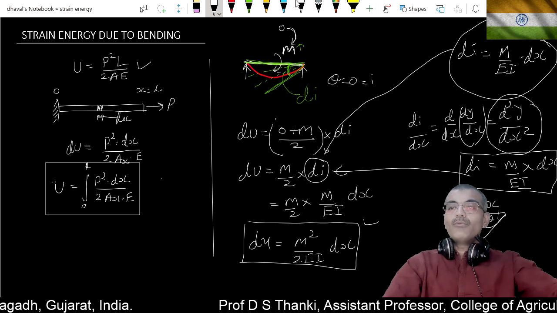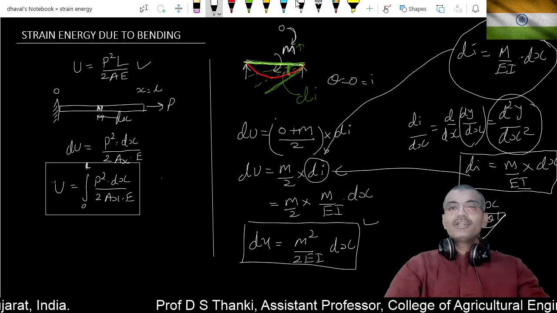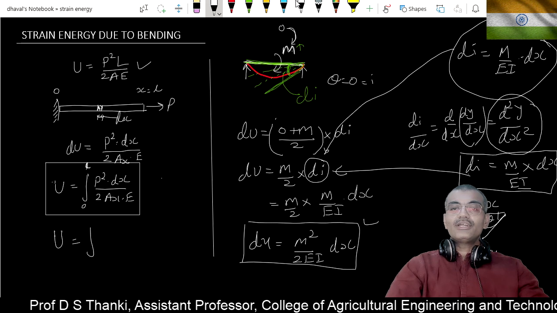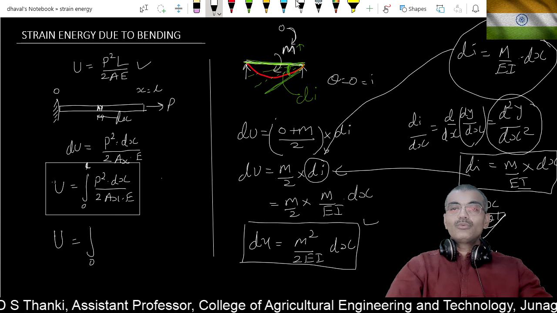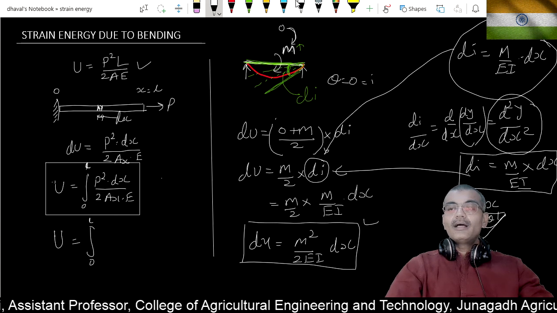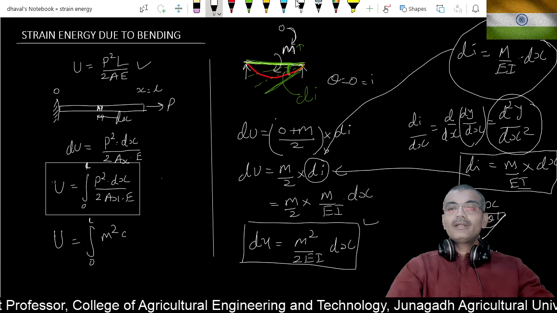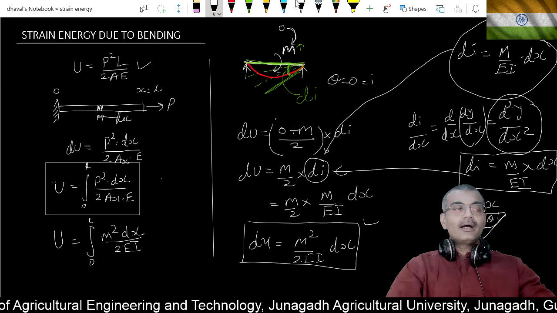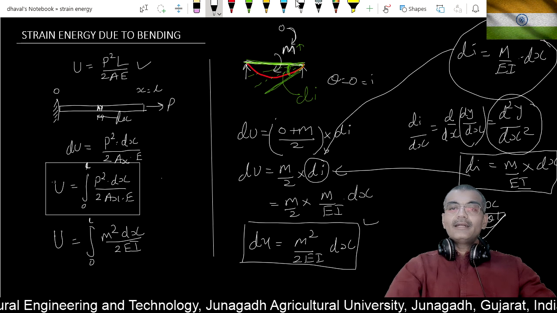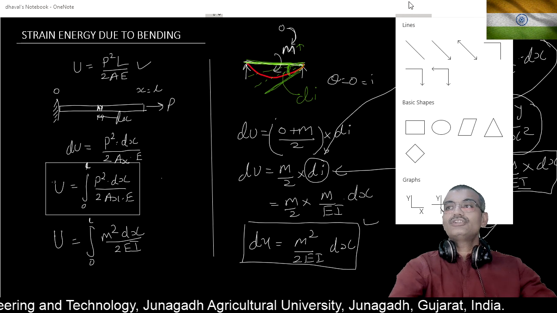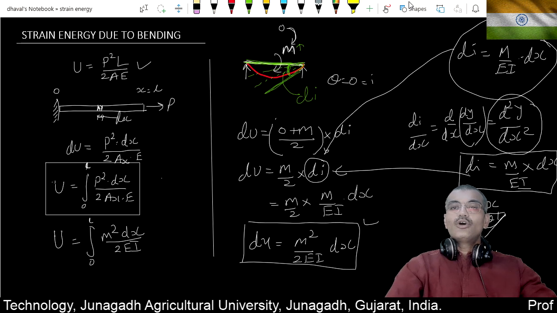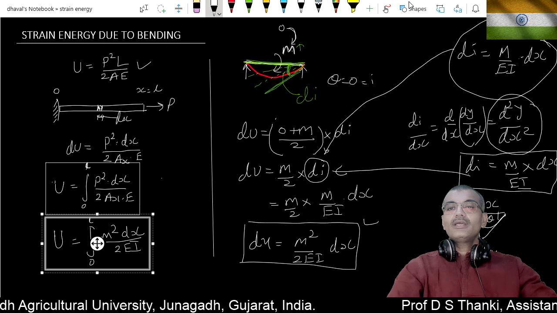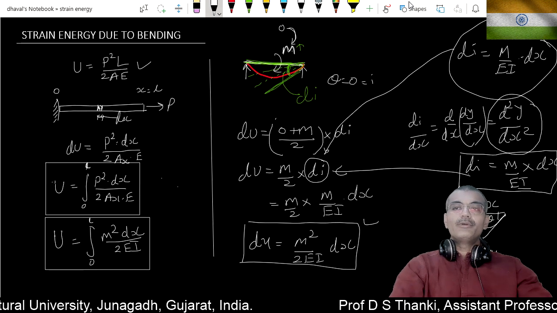And if you want the same equation, then U is equal to integration of 0 to L of M square dx upon 2EI, and this is your equation for strain energy stored due to the bending moment.